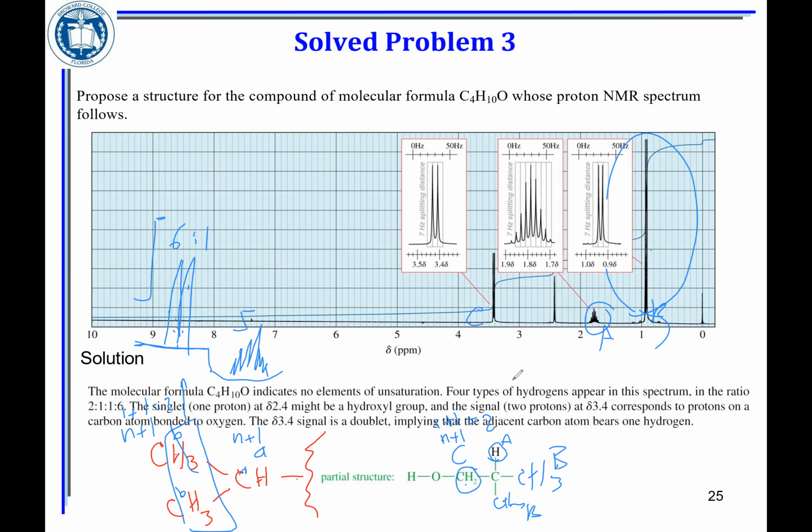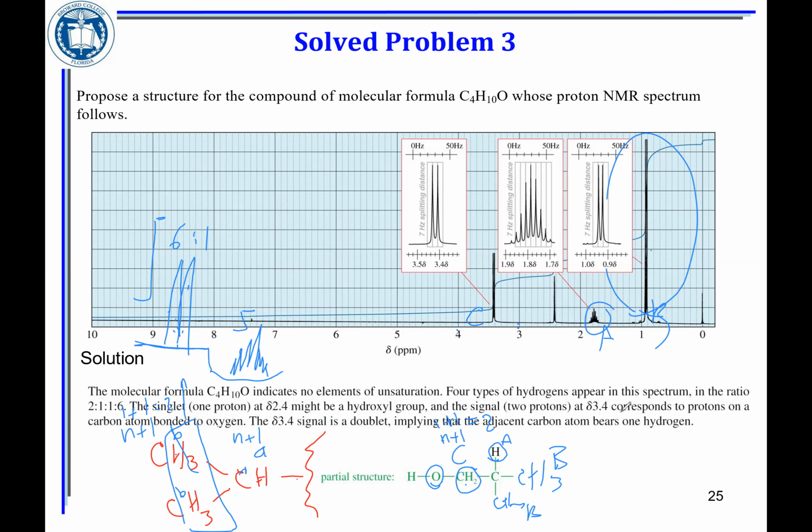And that shows up between 3 and 4. Why does it show up between 3 and 4? We talked about this last class: it's attached to an electron withdrawing group, oxygen, so the hydrogens of this CH2 are de-shielded. Normally, if it's an alkane with no electron withdrawing group attached, CH2 would show at 1.2 to 1.4, like 1.2, 1.3.